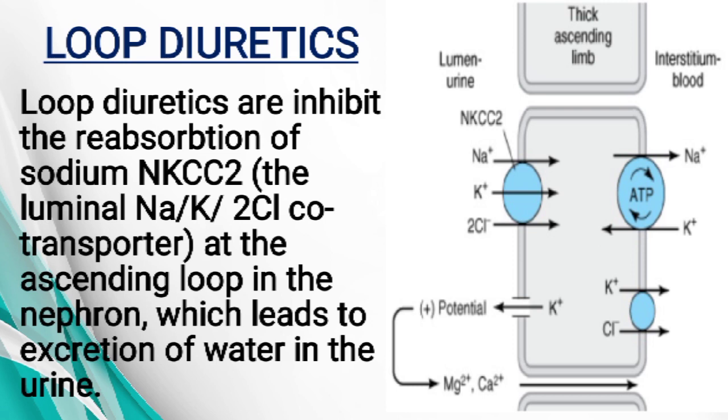It is a one sodium, one potassium, and two chloride co-transporter in the ascending loop of the nephron, which leads to excretion of water in the urine. As you can see the picture, the loop diuretics act on the NKCC2 receptor. They inhibit it.